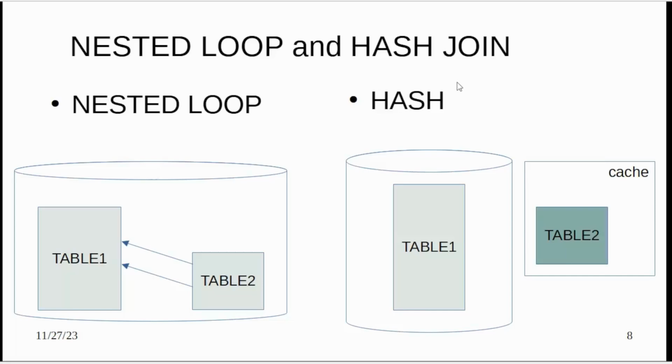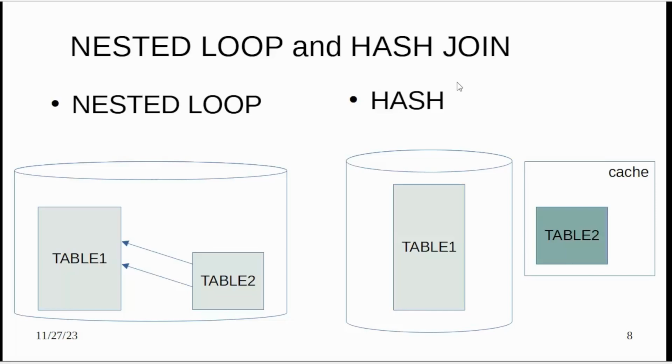So if we have, for example, 7 or 8 billion records in the table persons and only 200 records in countries, it means that for each record fetched from the table persons, we will need to read the matching record from countries. It means a lot of repetitive reads of the table countries.